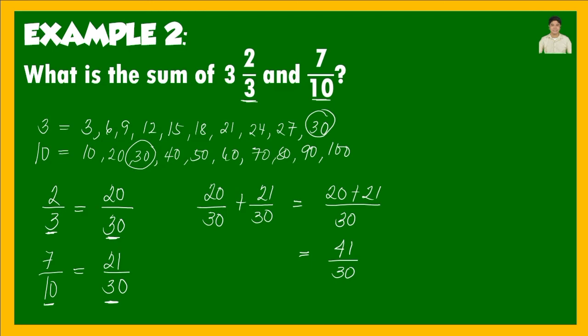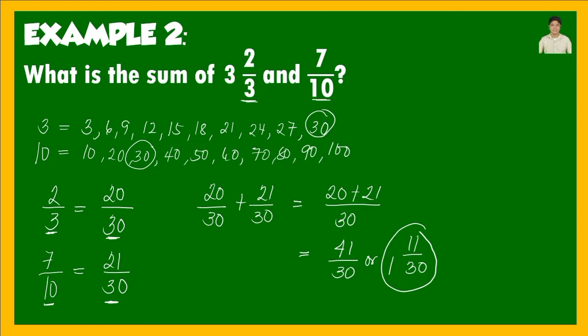So, 41 divided by 30, we only have 1. Isa lang ang 30 na pwede natin kunin sa 41. So, ilan ang magiging remainder? Kapag remainder, kasi, ang gagawin natin, yung numerator minus denominator. So, 41 minus 30, we have 11 over 30.